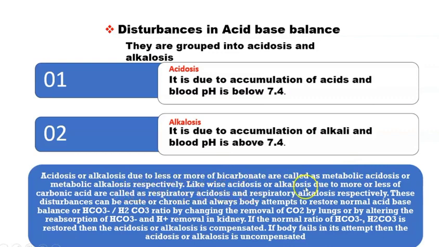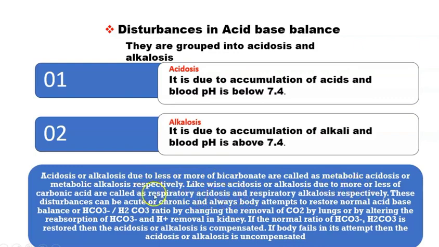But when acidosis or alkalosis is more or less in carbonic acid, we refer to it as respiratory acidosis or respiratory alkalosis. So the difference here is bicarbonate and carbonic acid; that shows whether it is a metabolic or a respiratory acidosis or alkalosis.